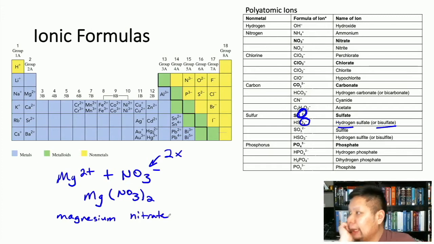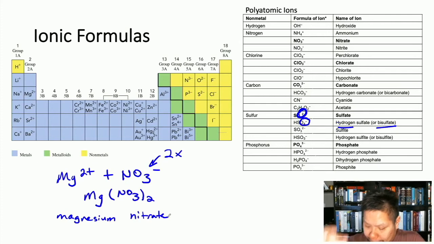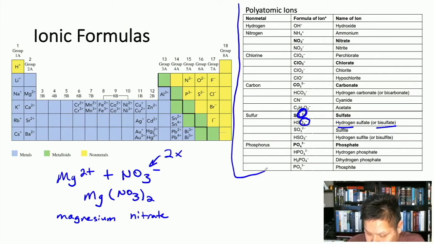Yeah, so naming ionic compounds is a little bit confusing. It's just going to take a lot of practice. And one of the things that you're going to have to do is memorize all these polyatomic ions. Right? I won't give you that on a test. When you do naming of compounds and stuff, I'm not going to give you that on the test.